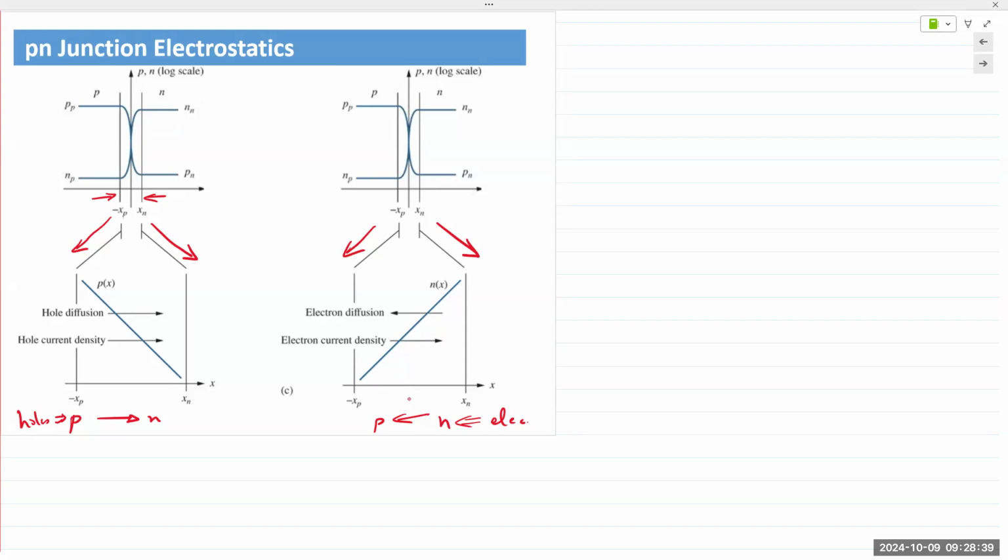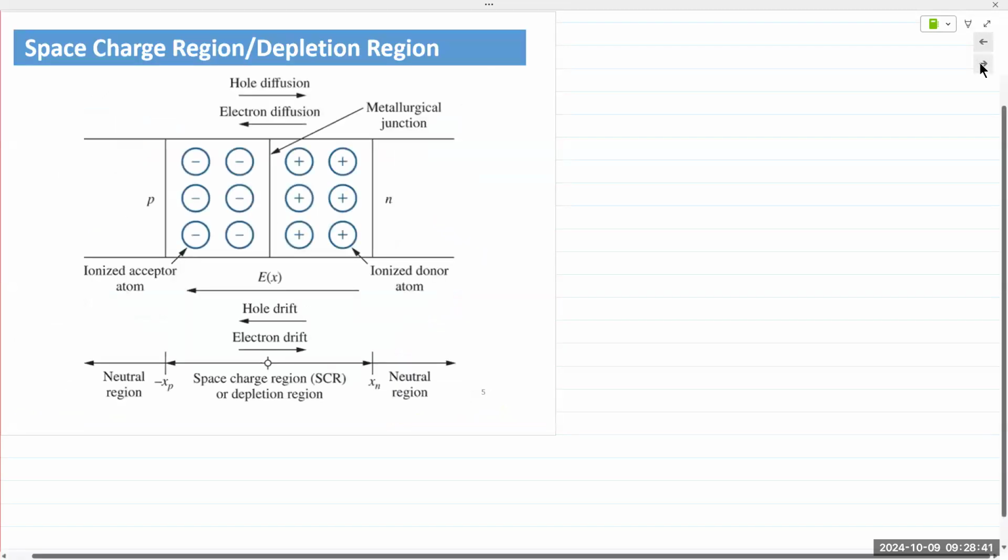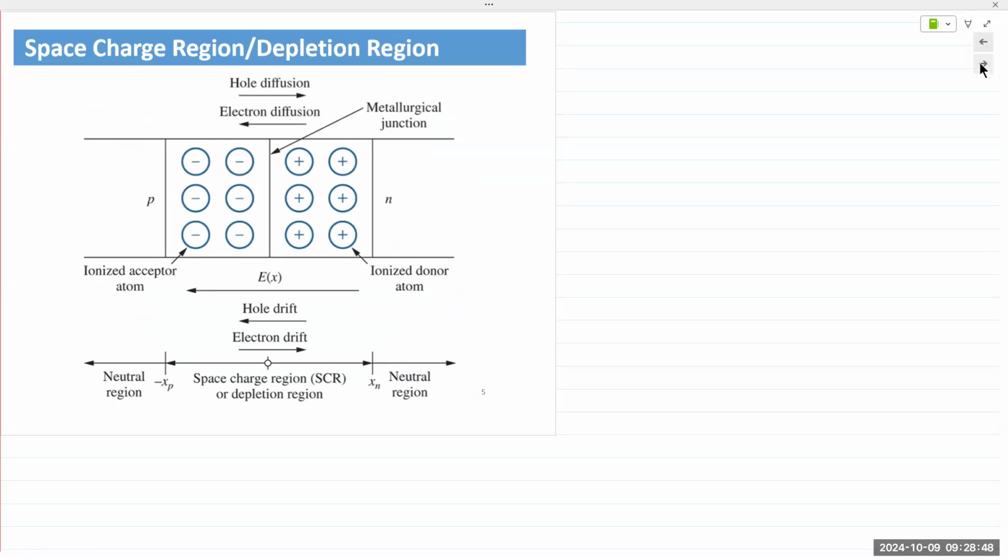Okay. Now, where did these electrons and holes come from? These are extrinsic carriers due to the implanted impurities, the dopant impurities. Now, on the N side, we had column 5 elements which had an excess of electrons, hence the N-side material.